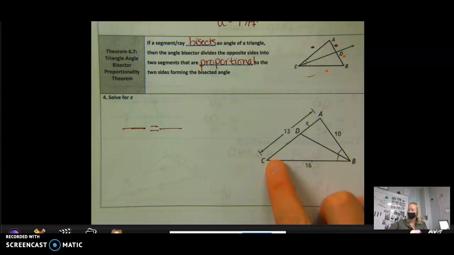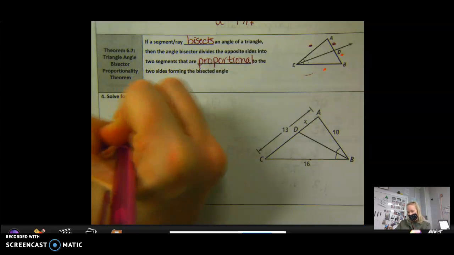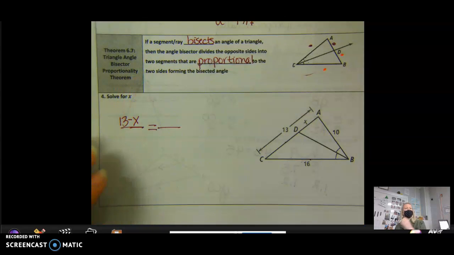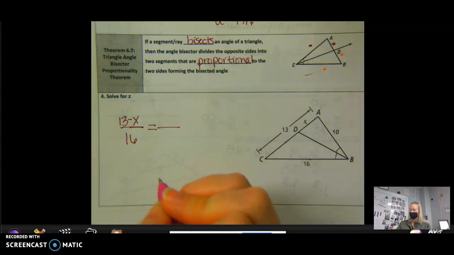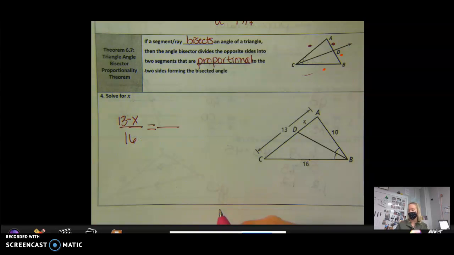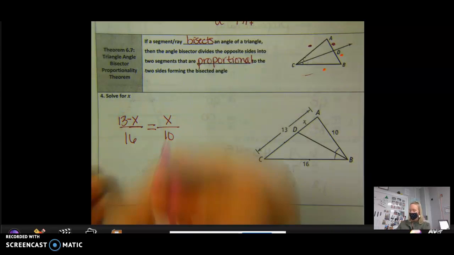How will I label this C to D? Perfect. 13 minus x over what? 16. Yes, you could do x, that's fine. Equals, if I put it over 16, what goes first on the top on the next one? There we go.